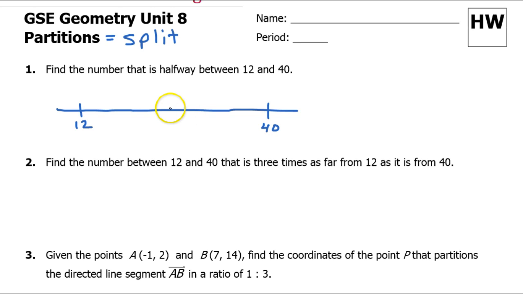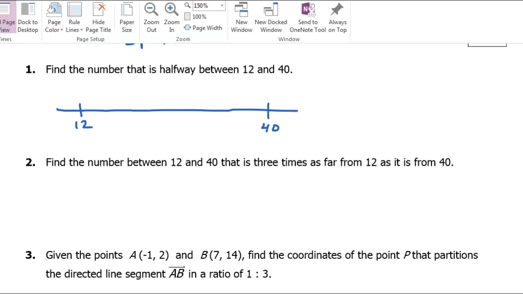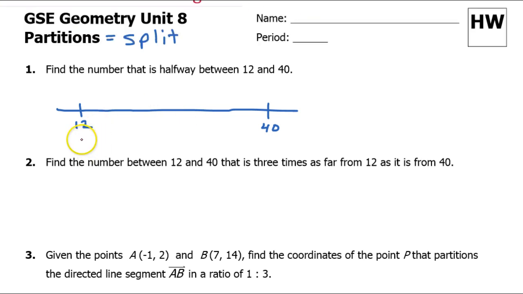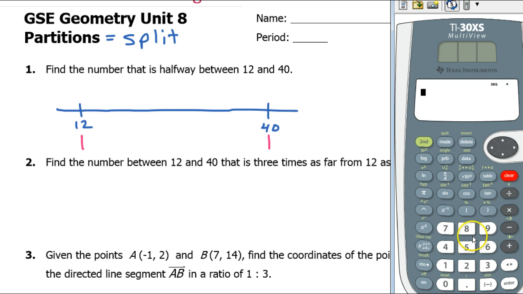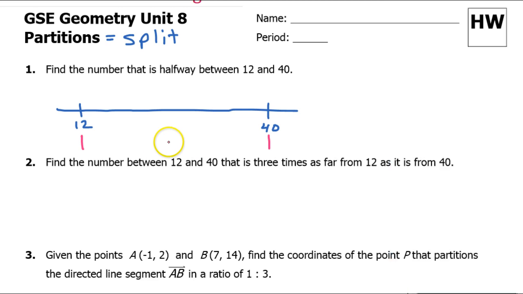If I want to go halfway, one way of picturing it is start by figuring out what's the total distance between 12 and 40. One way to come up with that is by subtracting. So 40 minus 12, that's 28. So we're talking about a total distance of 28. So keep that in mind.